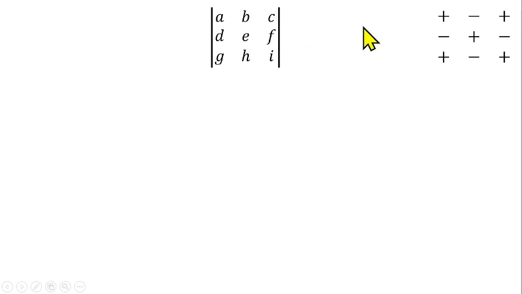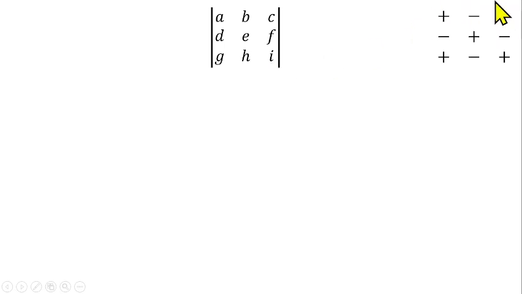For the second one, the positional sign is negative, so we have minus B. You close the first row and the second column, so we are left with D, F, G, and H, which is a 2 by 2 matrix.